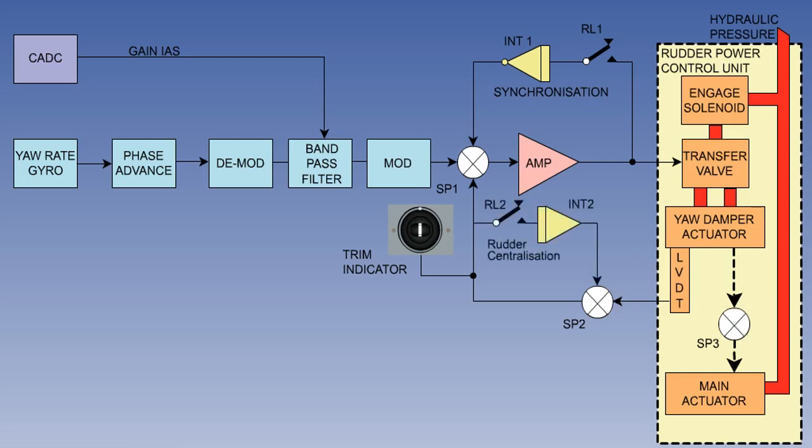If a strong crosswind is present, the feedback signal may not be strong enough to centralize the rudder, so the signal is sent through relay 2, RL2, to an integrator, int2, which increases the signal strength to drive the rudder back to its central position.